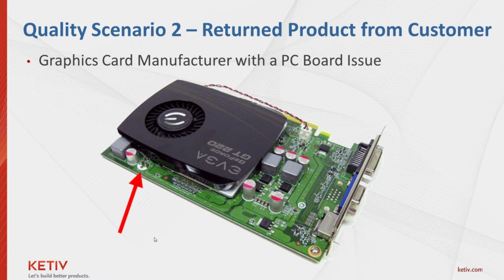And in our second scenario, we're going to look at more of an RMA type story where we have this card that goes inside of a PC, and in this scenario we're going to say some customers have called in with some complaints. Their computers haven't been turning on. The manufacturer determined that it was a problem with our card, so now we need to go in and find out why these capacitors are missing, and we need to address and fix that problem.